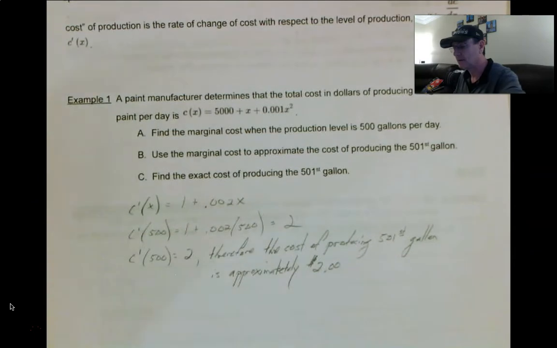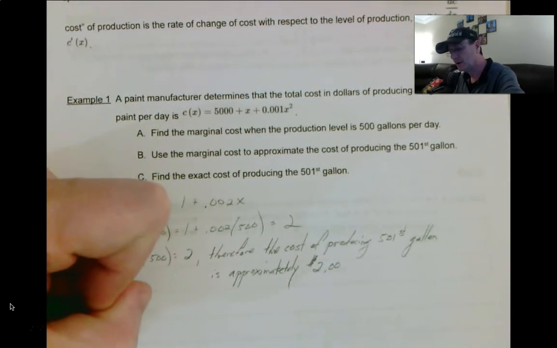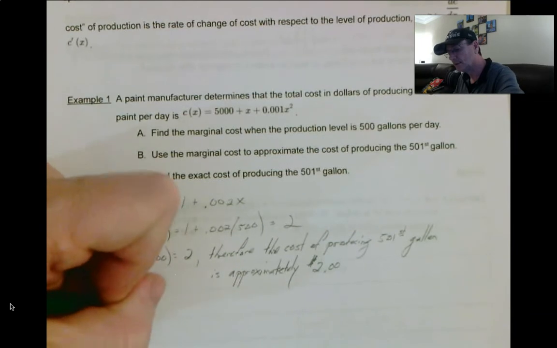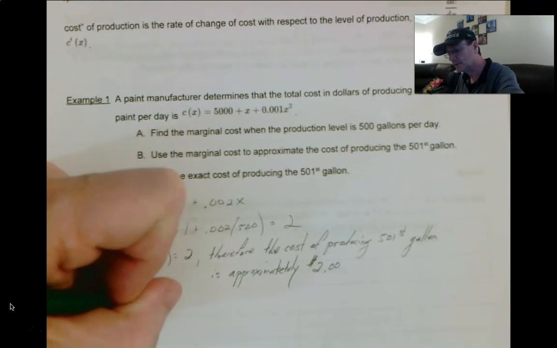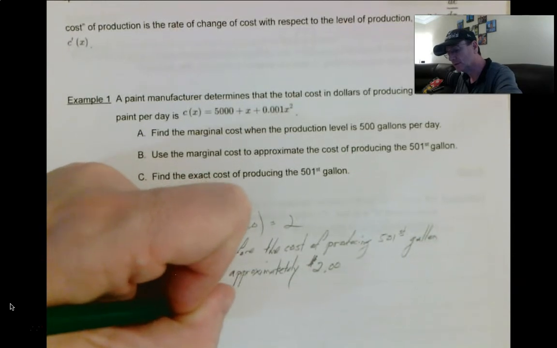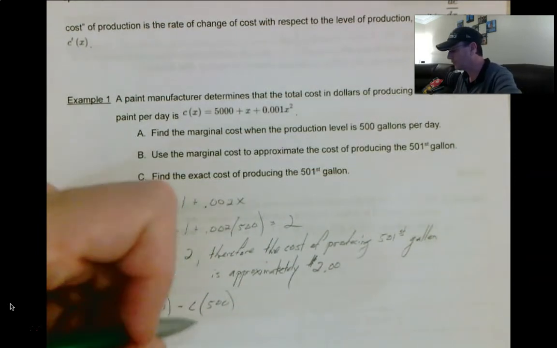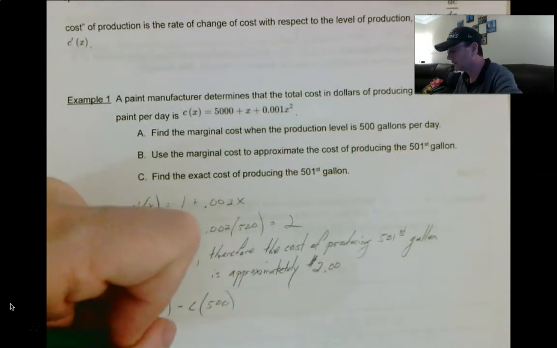The exact cost would be the cost to produce 501 minus the cost to produce the 500 beforehand.